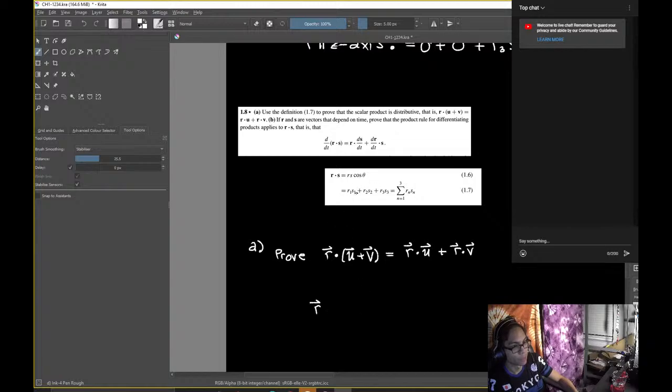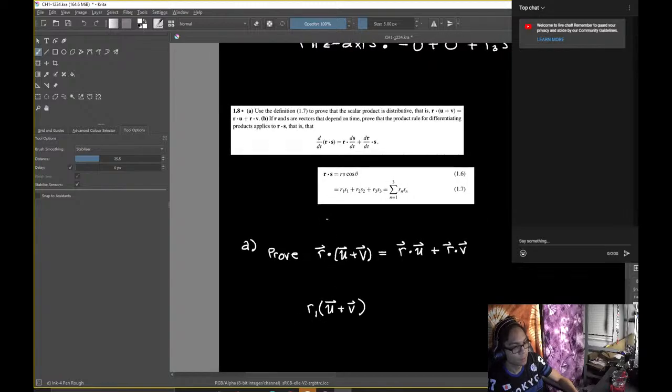Okay, so we gotta do it like this. R1, u plus v, dot product of u plus v. Let me wait, no, that's not a dot product. It's gonna be this guy. Wait, u plus v is basically a vector, so how would I express this?